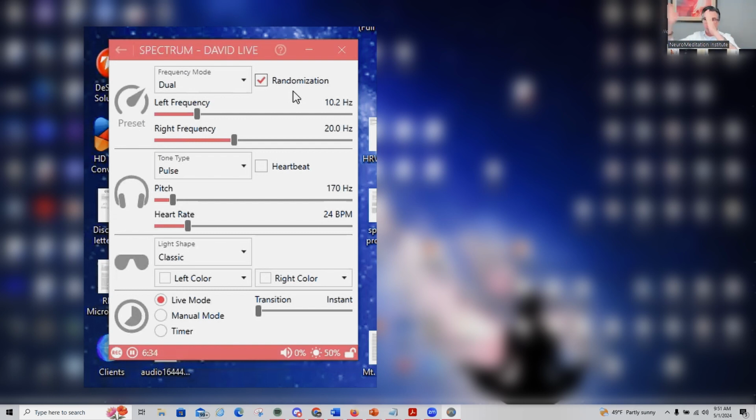The right visual field on both eyes sends information to the left hemisphere. It crosses over. So it's a little confusing at first, but you almost have to flip this around in your mind. If it says left frequency, that's actually what's going to the right hemisphere. And if it says right frequency, that's going to the left hemisphere.